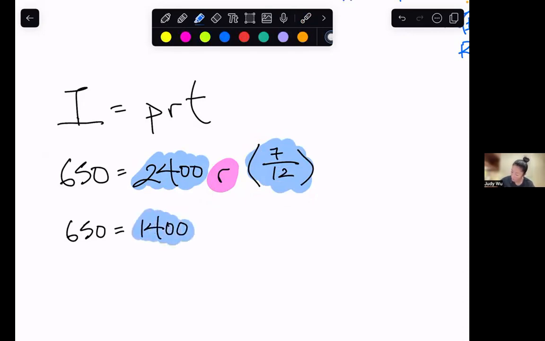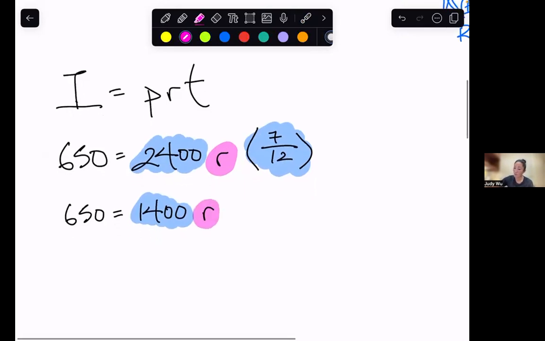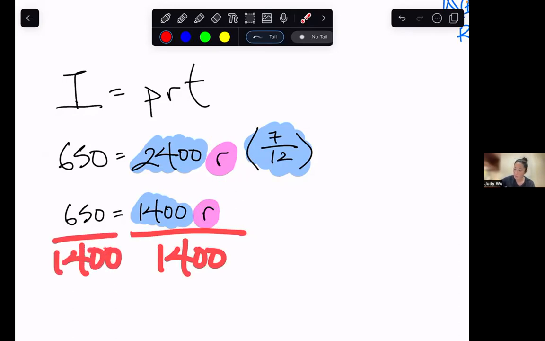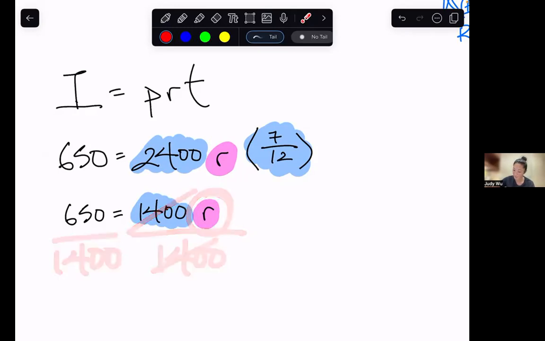Just color coding a little bit so you can see where the numbers came from. We still have our R here. We want to solve for R. We want to know what percentage they're charging her for the interest rate. So the very last thing we need to do is divide both sides by 1,400, that way these will cancel out and I'll get R all by itself.